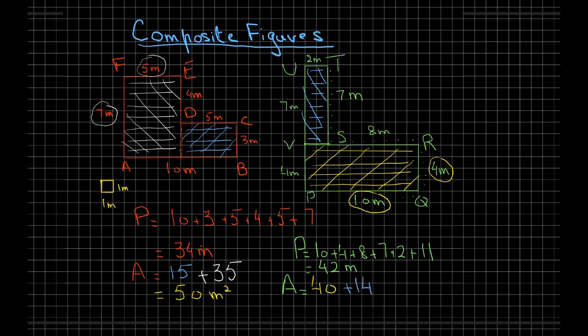So 40 plus 14 leads to an answer which is equal to 54 meter square. Now I want to remind you that all that we did was, for area, we were just calculating the number of squares of side 1 meter. And that's how we got the answer.